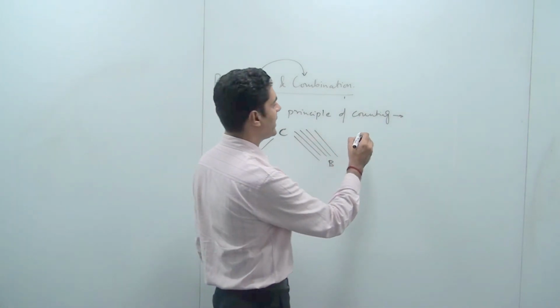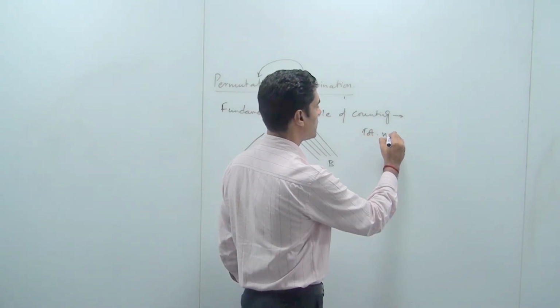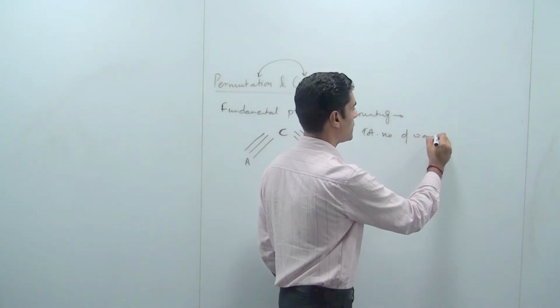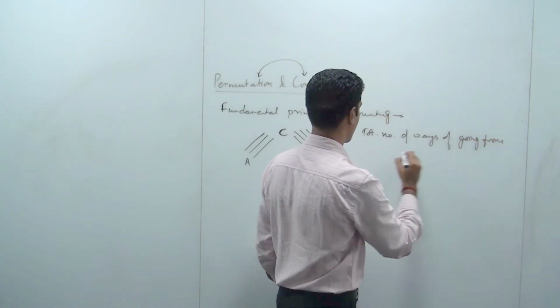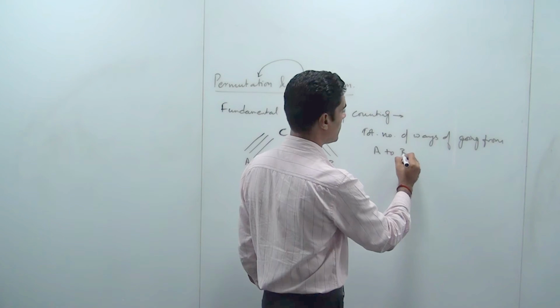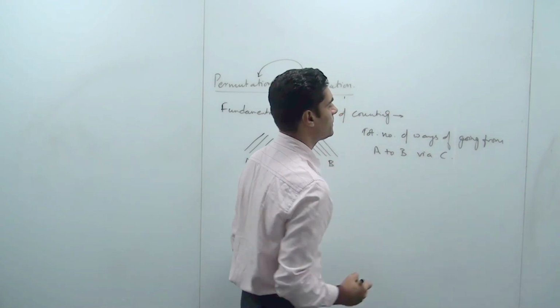So if the question is to find the total number of ways of going from A to B via C.